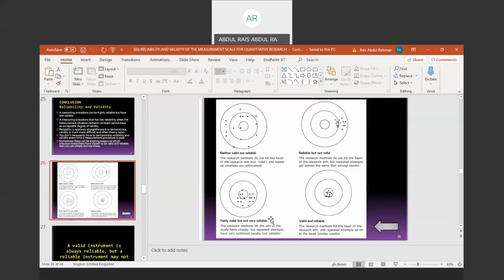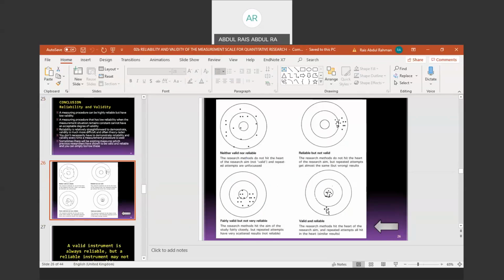Now, a final example where all of the dots are within the middle circle shows that the research method hit the heart of the research aim, and repeated attempts all hit the heart.